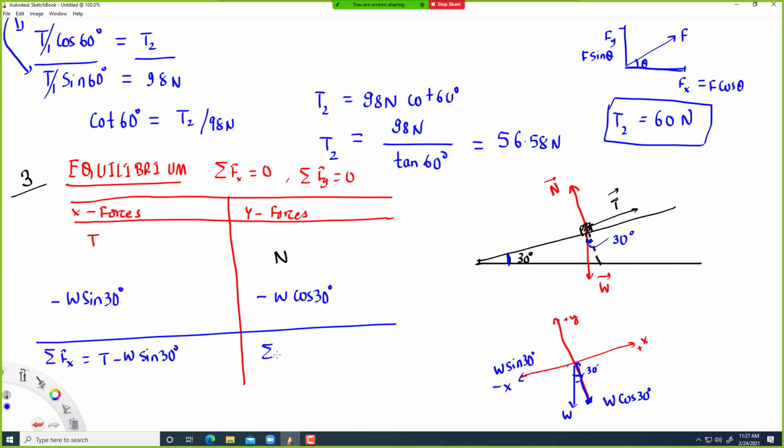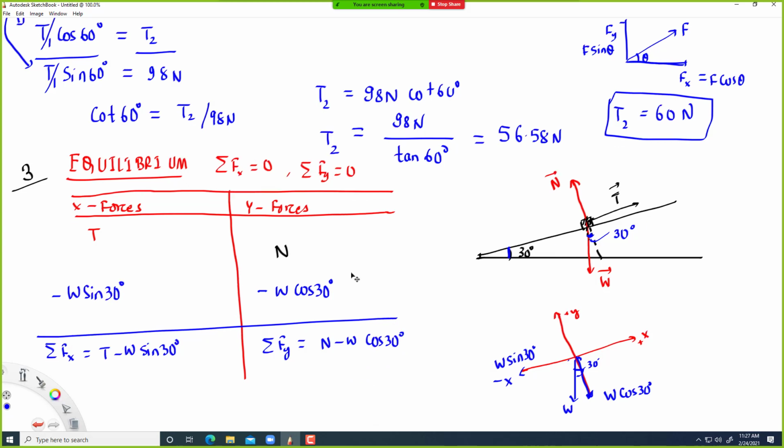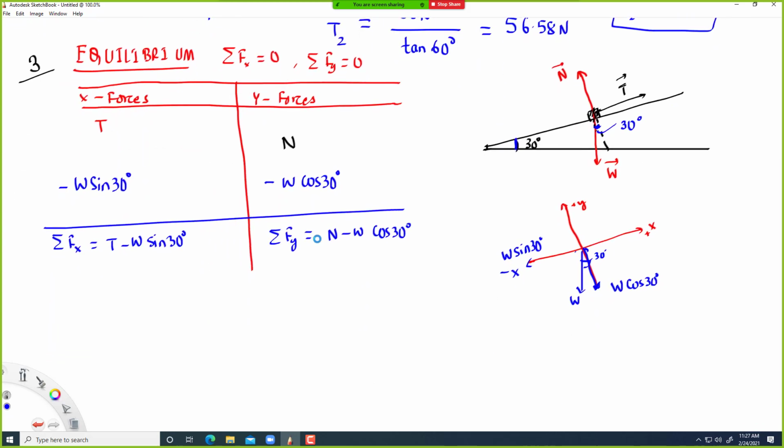Here add all the y forces: N minus W cosine 30 degrees. And then think about what we are finding. We are finding the tension in the rope. This equation has the tension. Again, this is the equilibrium condition, so this would be 0. And this term has the tension, so we'll be using this one.